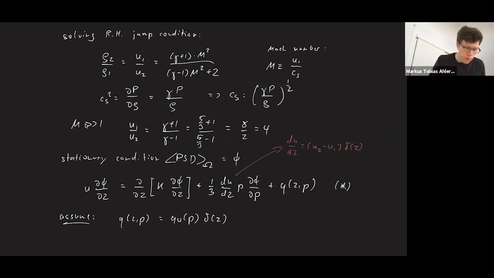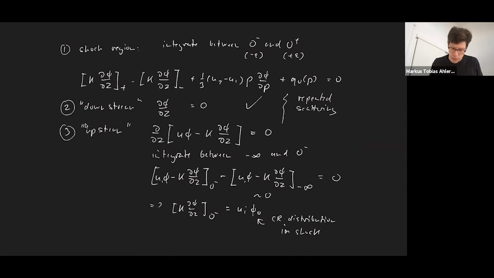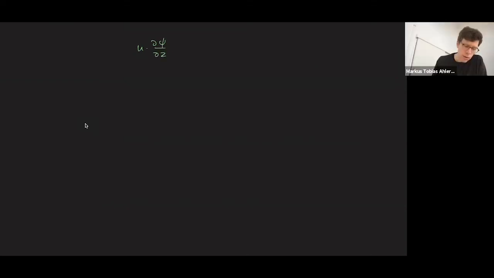So let me try to see. Basically you are looking now at this term that goes like U d phi over dz, right? This convection term. And so you will look at this term from both sides of the shock.